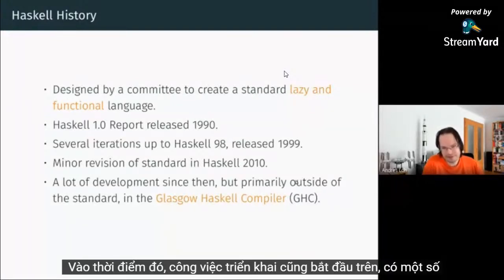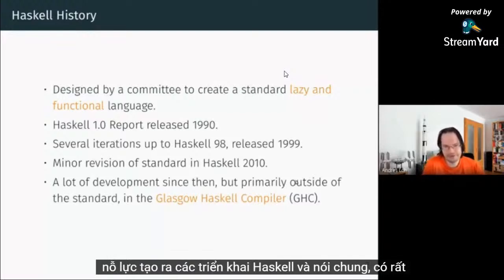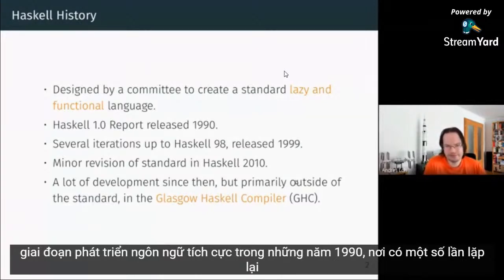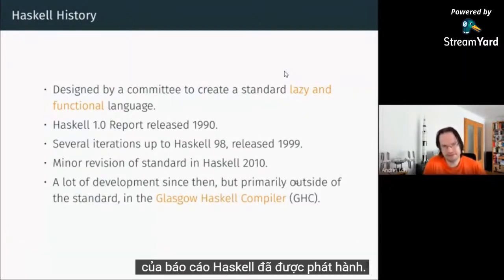At that time, implementation work also began, and there were a couple of efforts to create Haskell implementations. All in all, there was a very active phase of language development in the 1990s, where several iterations of the Haskell report were released, and the implementations were beginning to take shape.